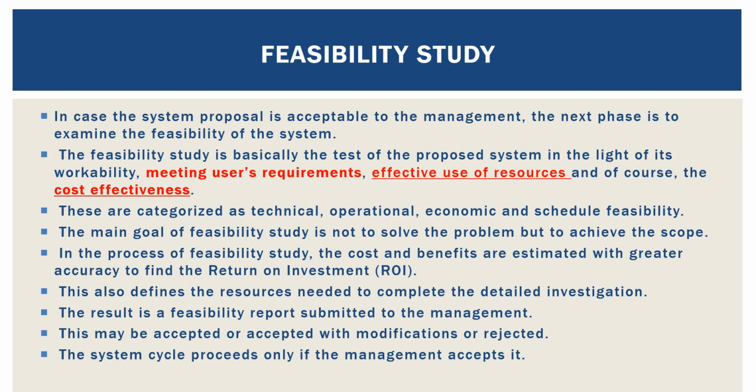Number one, meeting user requirements. Number two, effective use of resources, and of course, cost effectiveness. So we are trying to test whether the proposed system is workable. Is it meeting user requirements? What about the effective use of resources? What about its cost effectiveness?